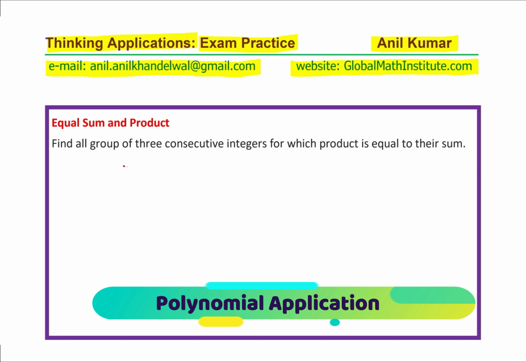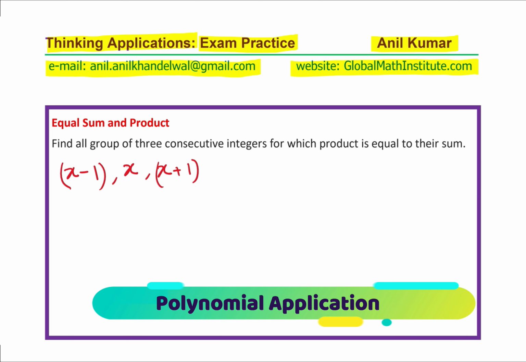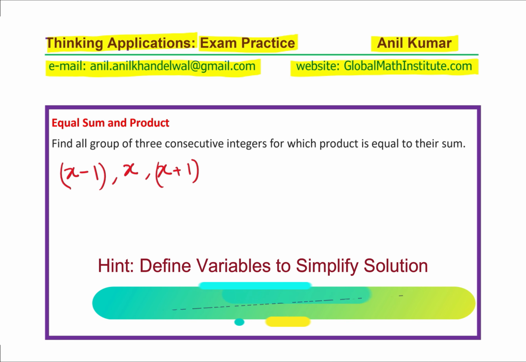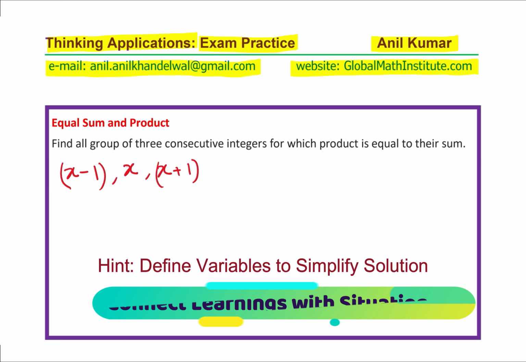Let us say if x is 1, then we could have x plus 1, the next, and before this, x minus 1. So these are my 3 consecutive integers. Consecutive means one after the other. The difference between the two is 1. Does that make sense? Now let's read the question and understand what we need to find.